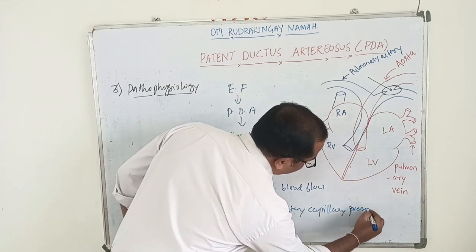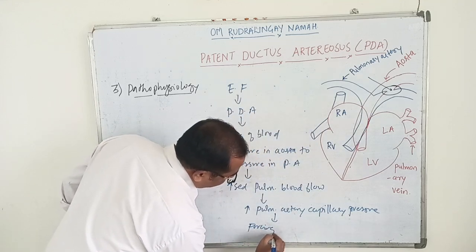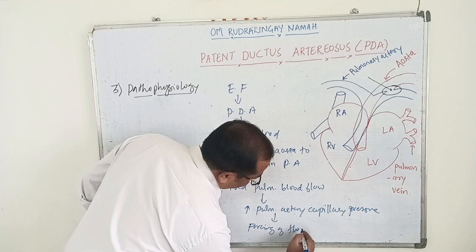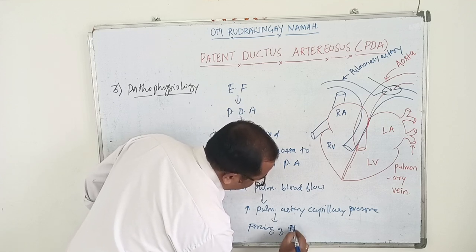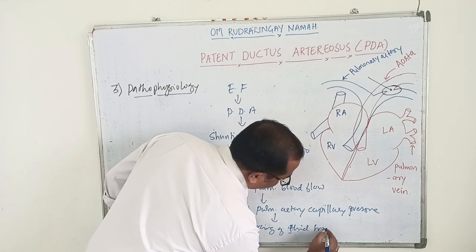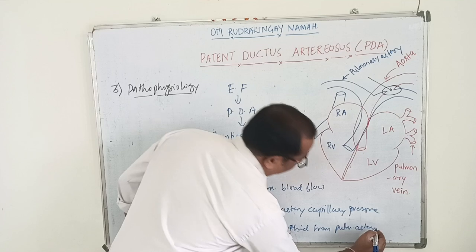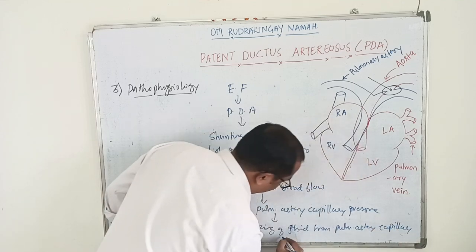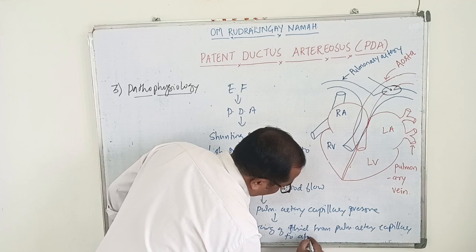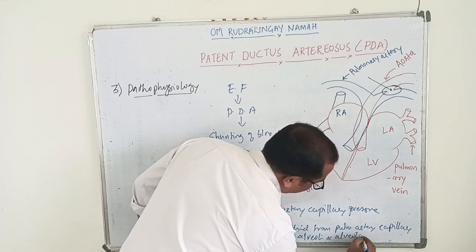This will lead to forcing of fluid from the pulmonary artery capillary into the alveoli and alveolar structure.